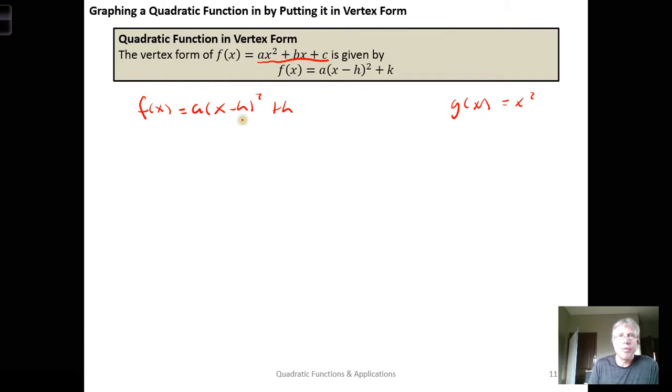So when we put it in this form, the vertex of the function is actually located at (h, k), at the ordered pair h, k.